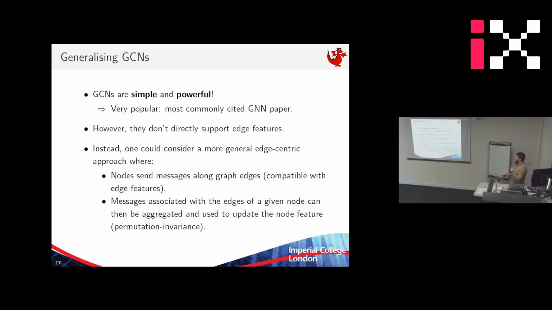So you don't just take into account the feature vectors of the nodes, but also the potential feature vectors of the edges, which may be very relevant for your problem. That's the first step. Then once you have all those messages, which represent the information that flows on each edge, you can aggregate them using permutation invariance, as we said, and then update the feature vector.